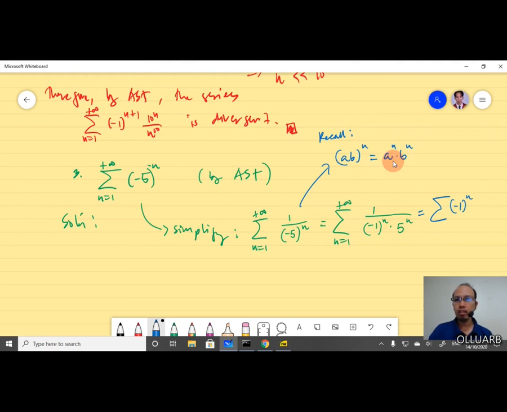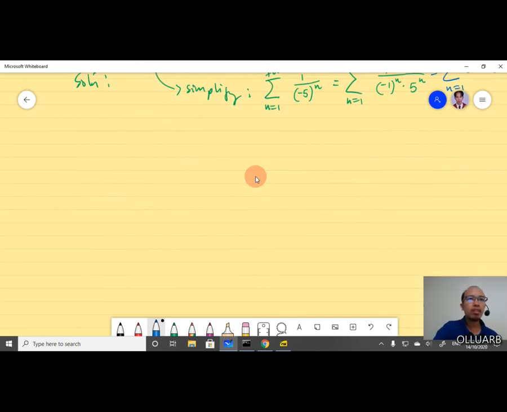This is 1 over 5 to the n, and starts from 1 to positive infinity. So this is now our simplified form. Clearly our a sub n here is 1 over 5 to the n. So first you have to let our a sub n be 1 over 5 to the n.